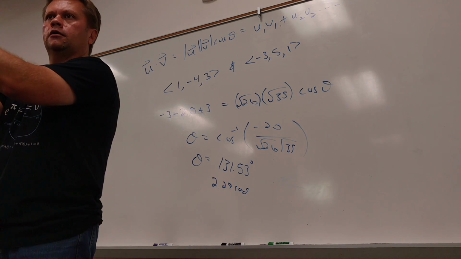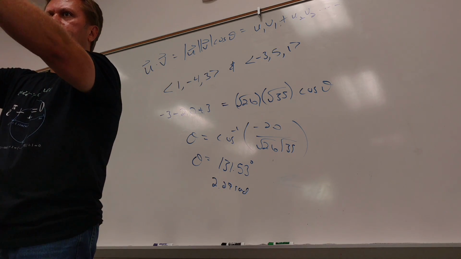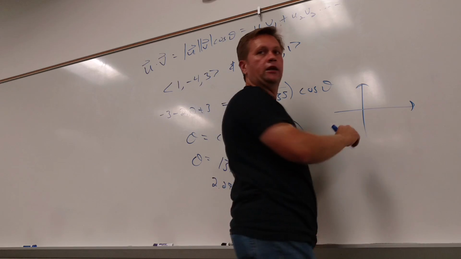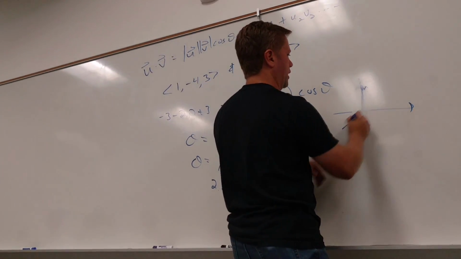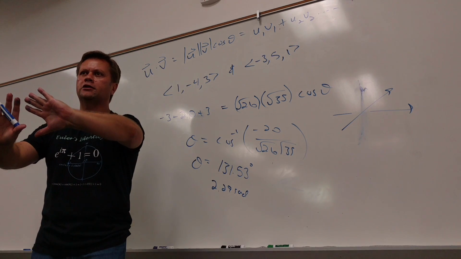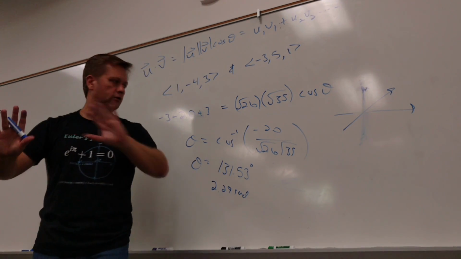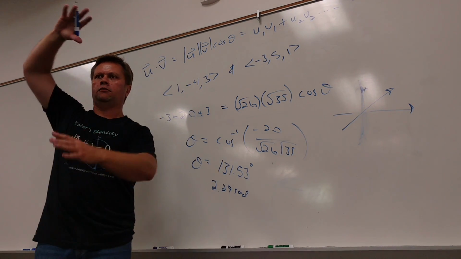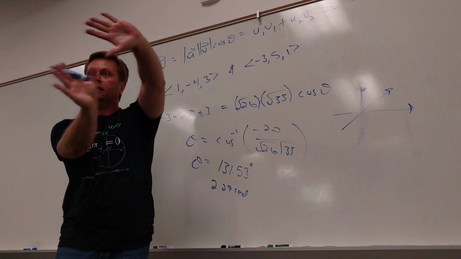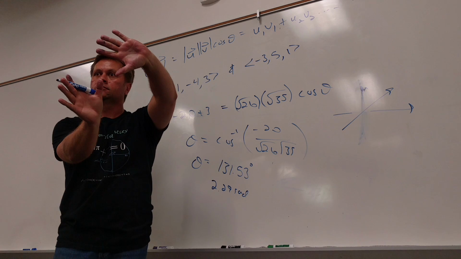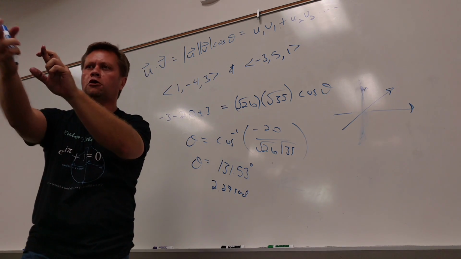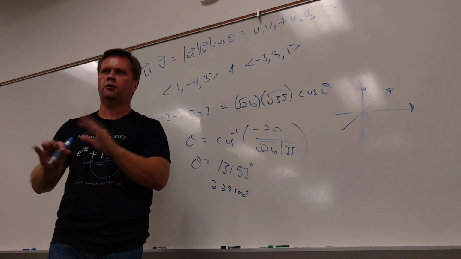The minute I give you 2 vectors, they define a plane. It's just like the x and y axis. They define a plane. I don't even care if I do that at an angle. It still defines a plane. It's just with reference to each other in the plane that they exist in. Does that make sense? Okay, good.